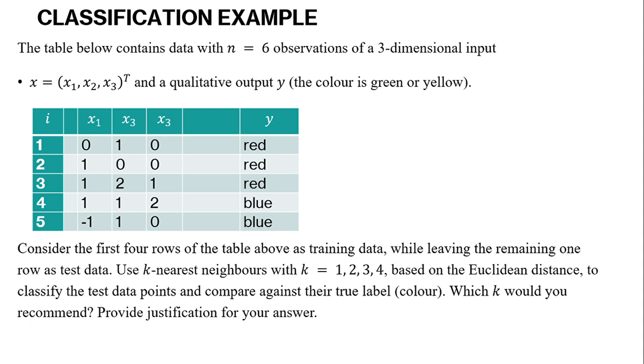Use k nearest neighbors with k equals 1, 2, 3, 4 based on Euclidean distance to classify the test data point and compare against the true label. Which k would you recommend? Provide justification for your answer.